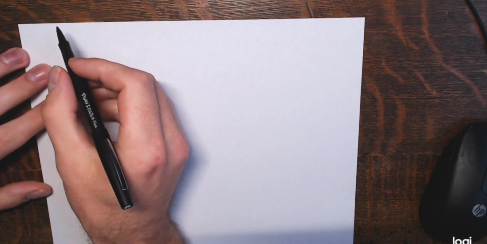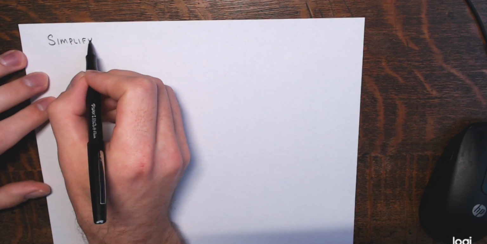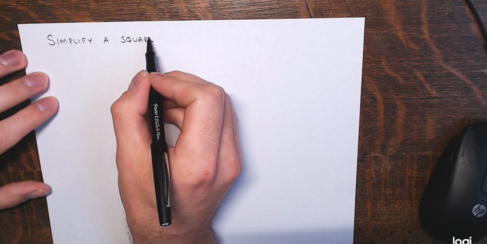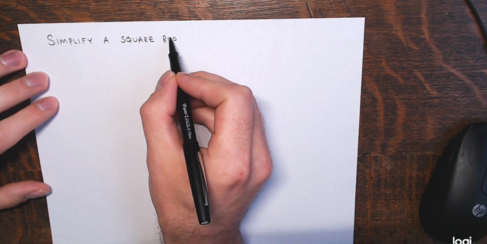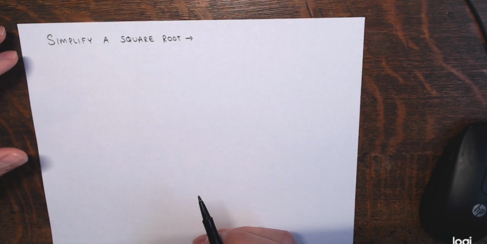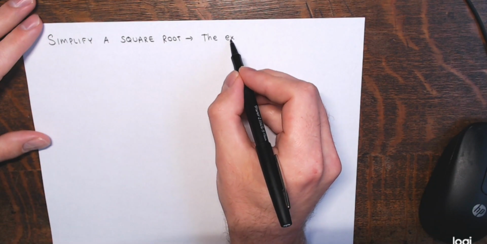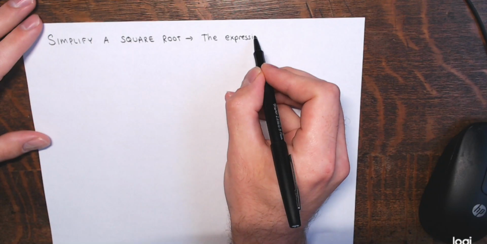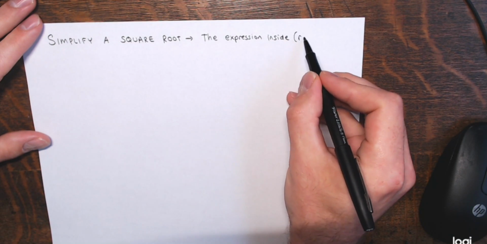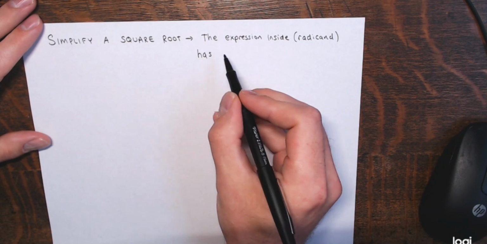Now when they say simplify a square root, this means that we want to eventually get it to the point where the expression inside the root, which is called the radicand, has no perfect square factors other than 1.